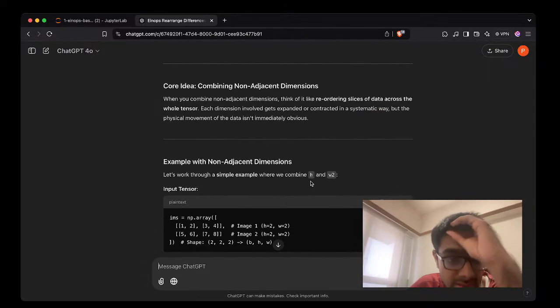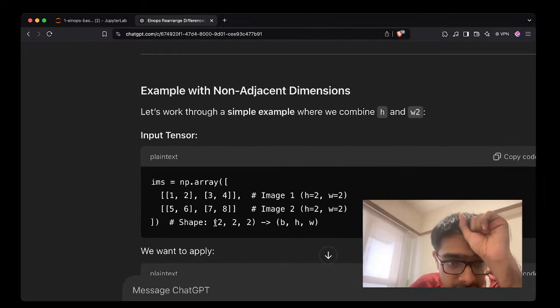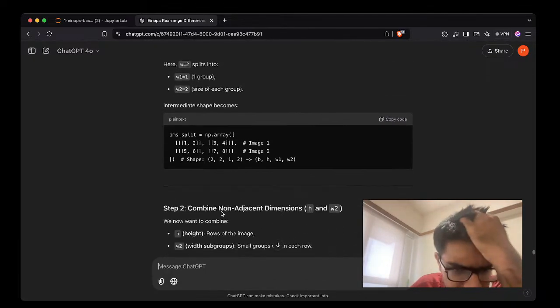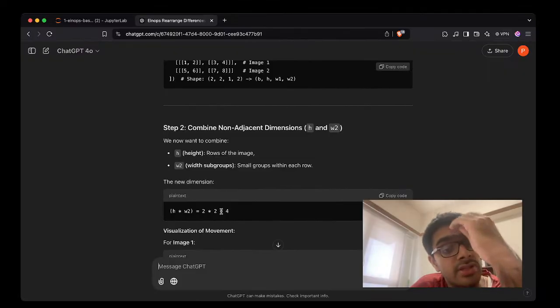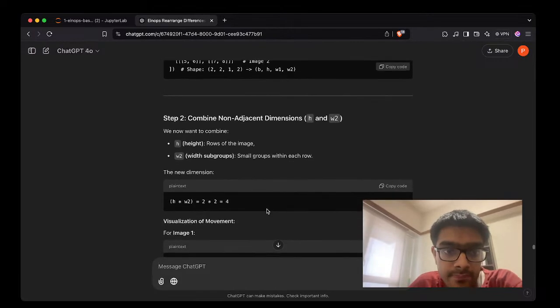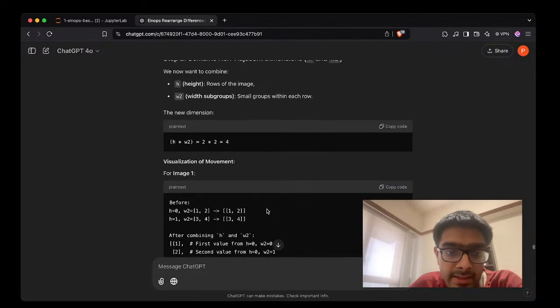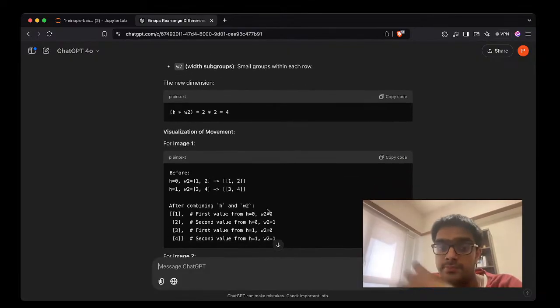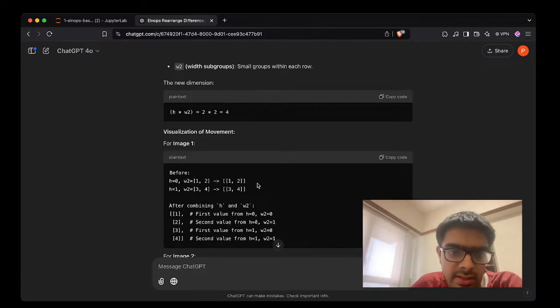The whole tensor, okay. This part I get. Non-adjacent dimensions. For image 1, right? 1, 2 becomes 1, 2. After combining H and W2, the first value is H equals 0, W2 equals 0.